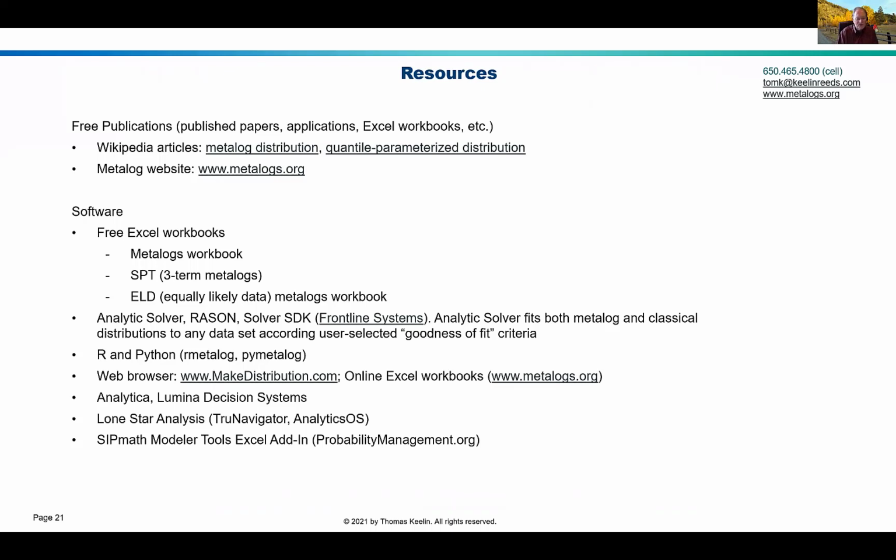It's got a full set of publications. There's free software there. If you want to compare Metalogs to conventional distributions, Analytic Solver by Frontline Systems fits both Metalog and classical distributions according to any set of data, and uses user-selected goodness of fit criteria, so you can experiment around with both. In any case, that's the quick summary and overview.